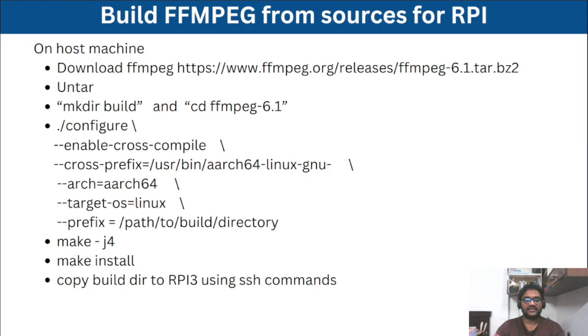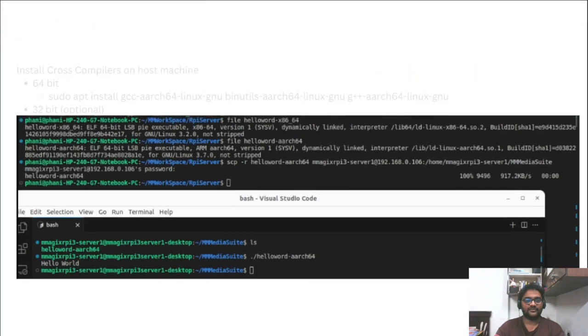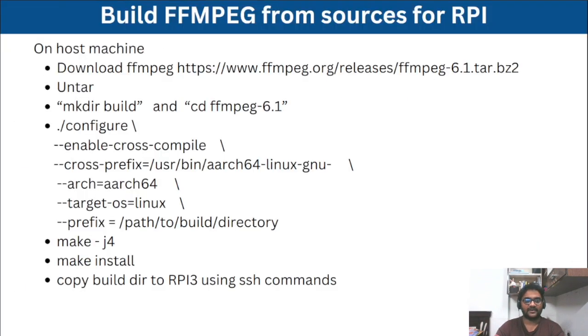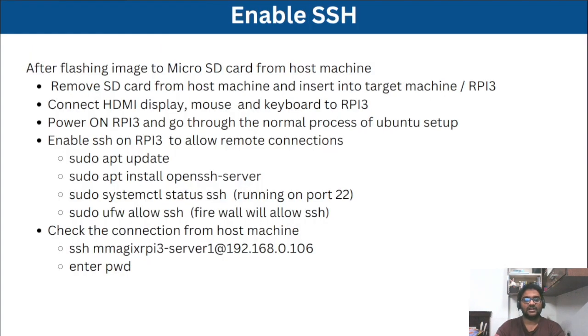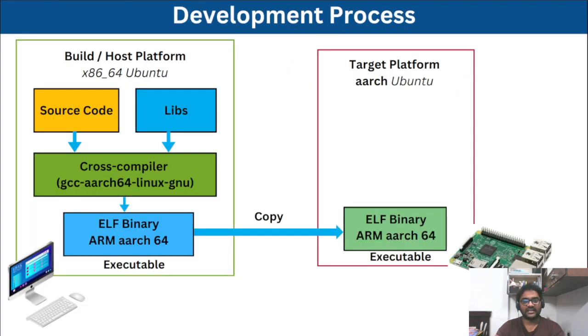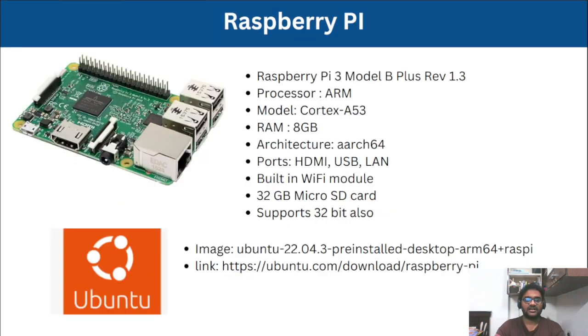So far we have seen how to build FFmpeg on Raspberry Pi, the basic steps you need to go through, how to enable SSH, how to flash it, what the basic development environment looks like, what RPi is, and what things we need to take care of in the embedded domain.